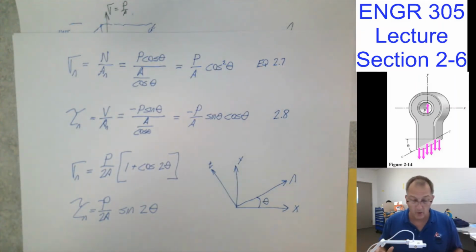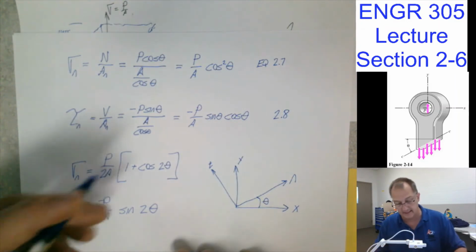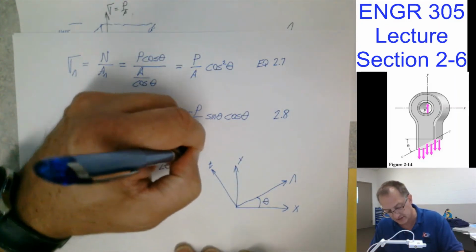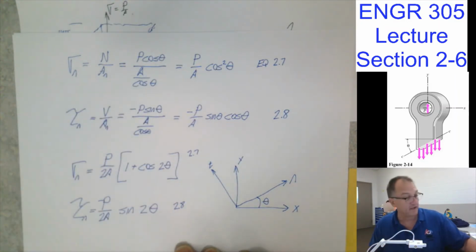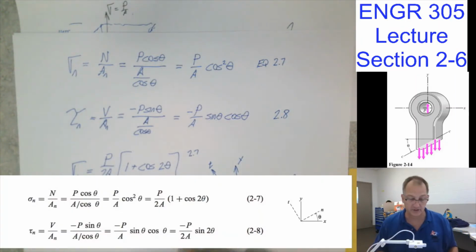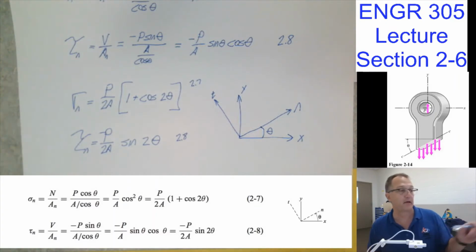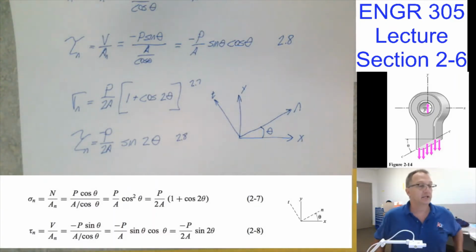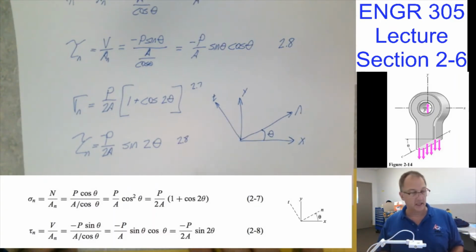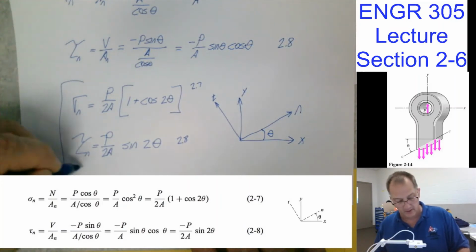So one of the things I hope that I will stress to you is once we get an equation, and this is 2.7, this is actually 2.7 and 2.8 also. If I flash those equations back on the screen and slide my stuff up, you'll see that the last part of that equation is what you're seeing on the screen and matches up with what I've got on the paper.